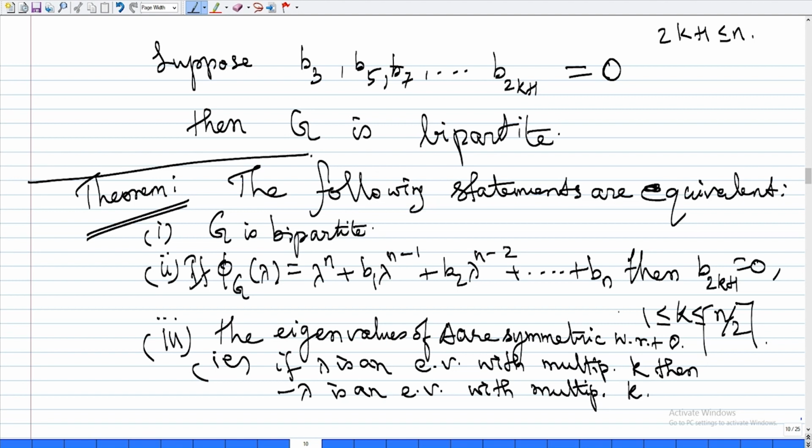So my question now is, how do I connect 3 and 2? The cycle will be completed if I show 3 implies 2. We have shown 1 implies 3 and 2 implies 1. So between 3 and 2 we need to show some equivalence, otherwise our equivalence claim will not be complete. So how can I show that 3 implies 2?